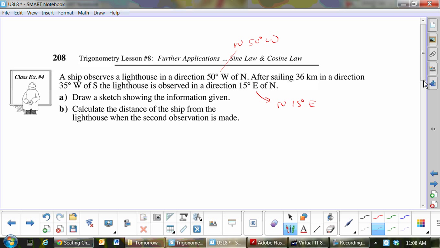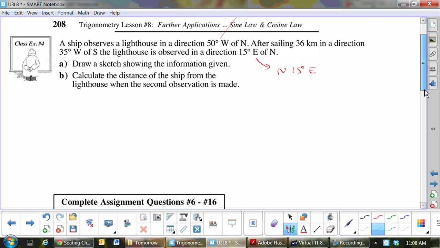Now this one's fun. Okay? So we're going to draw a nice big picture. We've got a ship that observes a lighthouse in a direction north 50, and after sailing 36 kilometers in a direction 35 west of south, so we didn't do that one, that would be south 35 west, okay?